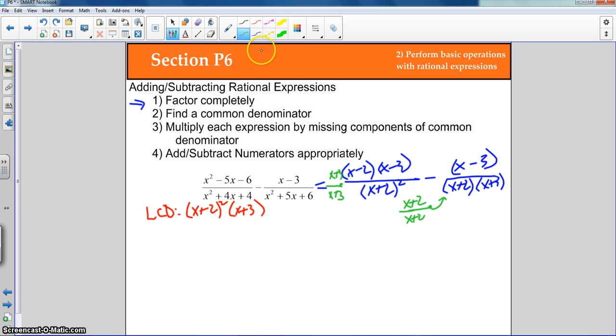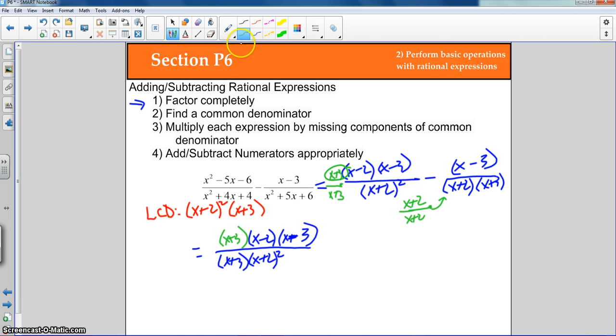Okay, so what do I get as a result? Well, I'm going to get equals. Let's start over. (x minus 2)(x minus 3), and then I have the (x plus 2) squared, and I add in that (x plus 3) from the least common denominator, and then I also have to remember this, so I'm going to have an (x plus 3).